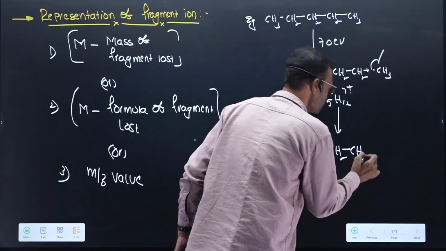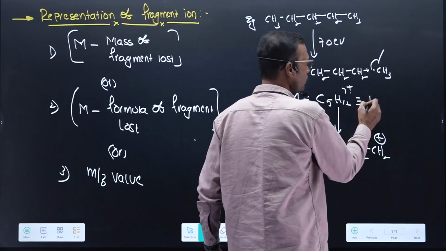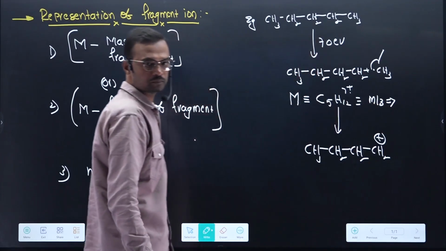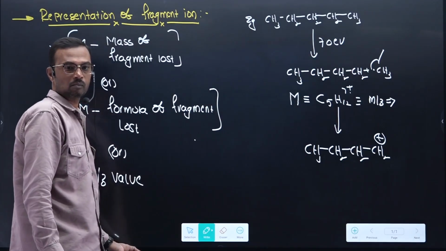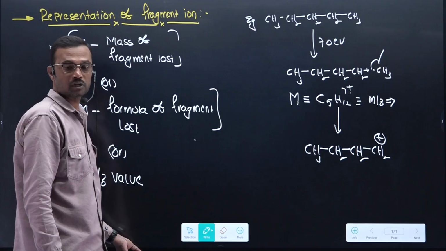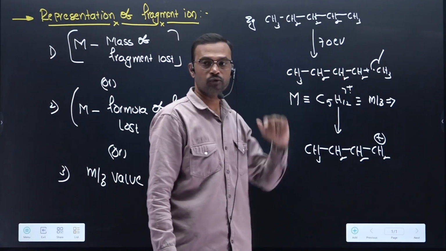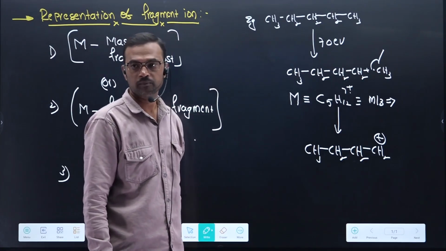If I remove this one, what about the M by Z value? CH3, CH2 and here one more CH2 plus. Then what is the M by Z value of the molecular ion? 72. 1, 2, 3, 4, 5, 5 into 12 is 60, 60 plus 12 is 72.